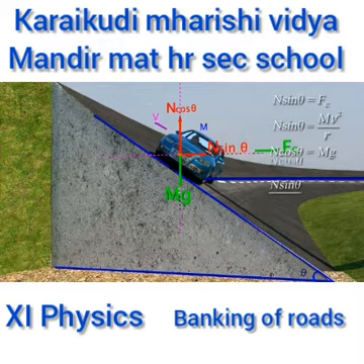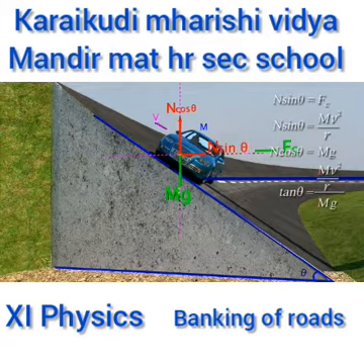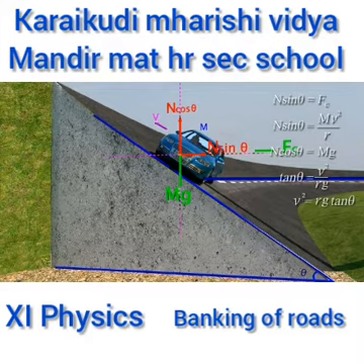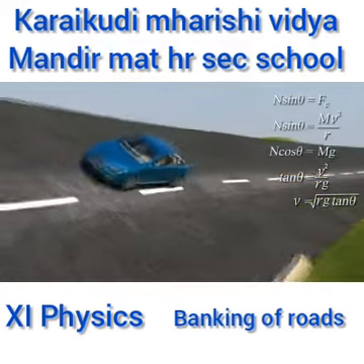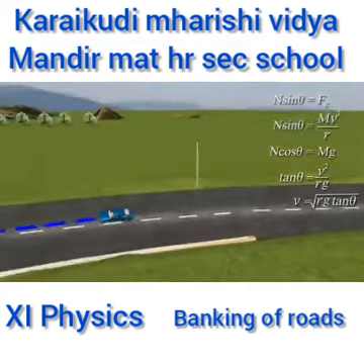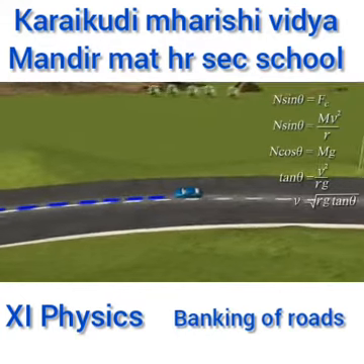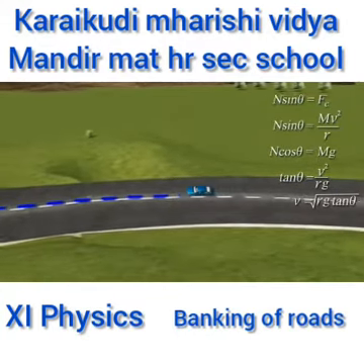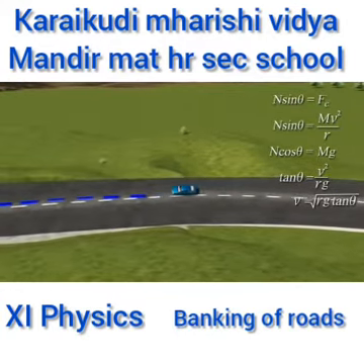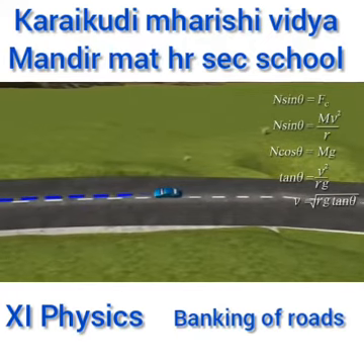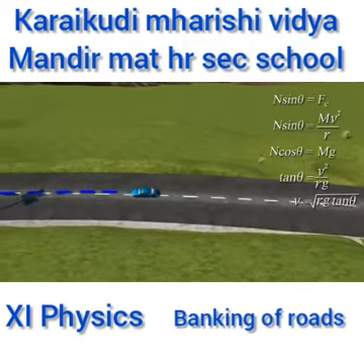So n cos theta is equal to m into g. Now n sin theta divided by n cos theta equals mv squared by r divided by mg. So tan theta is equal to v squared by rg, or v is equal to square root of rg tan theta. Whenever we are having a banking, the car gains the necessary centripetal force by this banking, and for the normal velocity itself it will not skid.